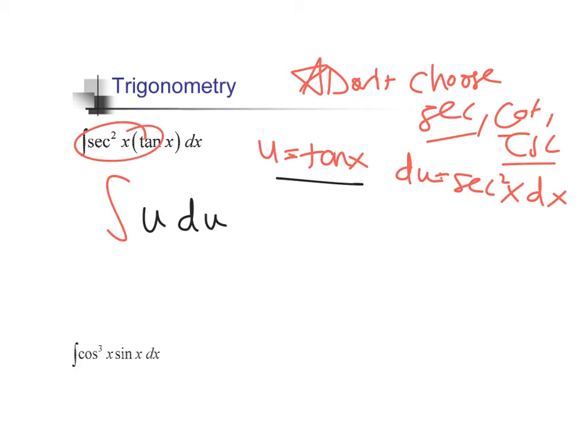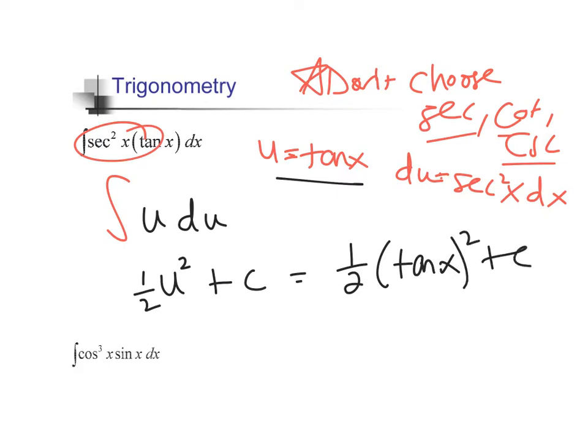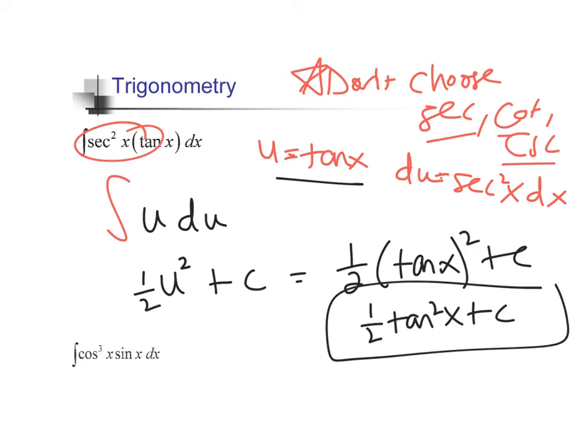So that literally just means you get u to the second divided by 2 plus c, substitute back in, and you get 1/2 tan of x squared plus c. If you want the nicer way to write that, it's really 1/2 tan squared of x plus c. That's like the nicer view of that problem.